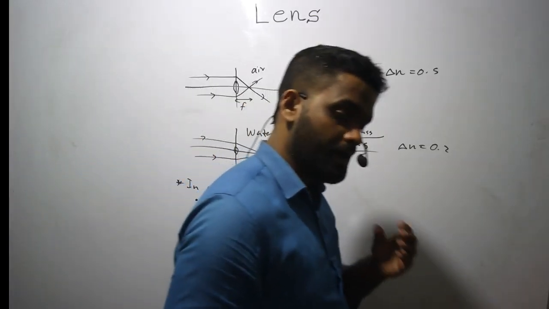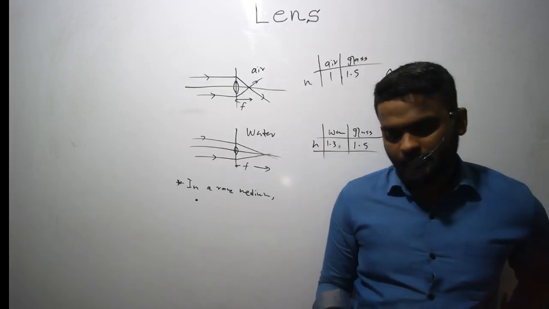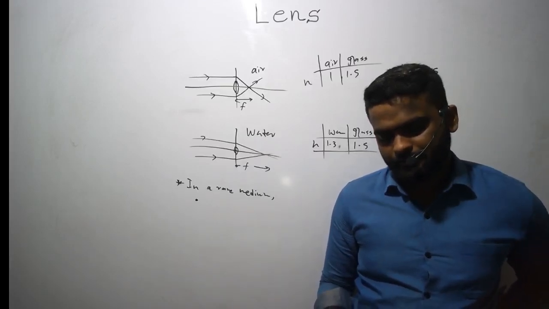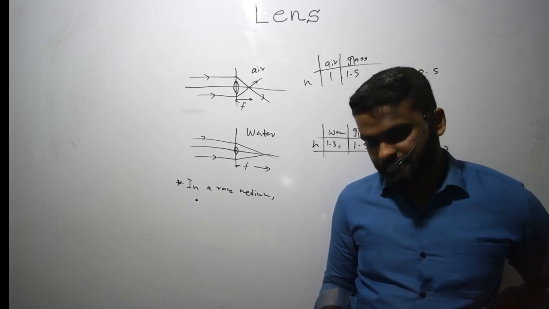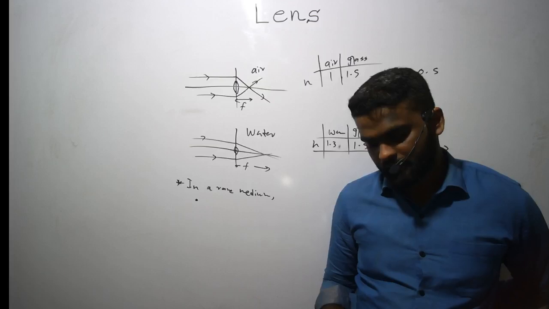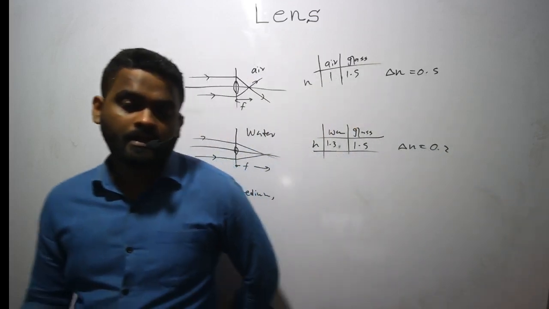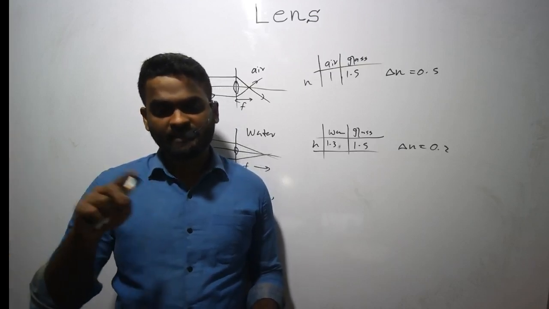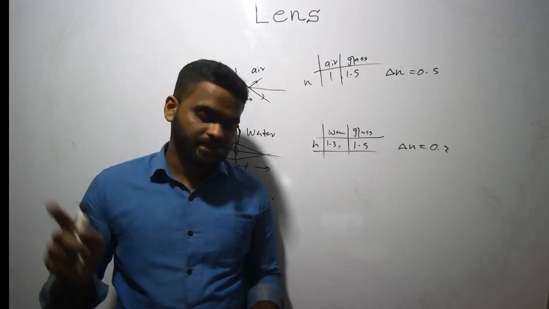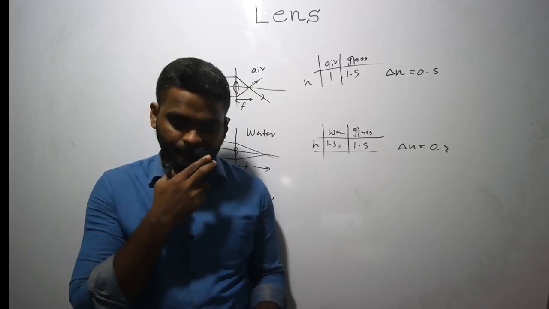Therefore, convex lens is called converging lens. Convex lens is called converging lens.